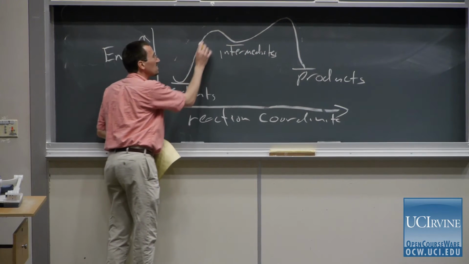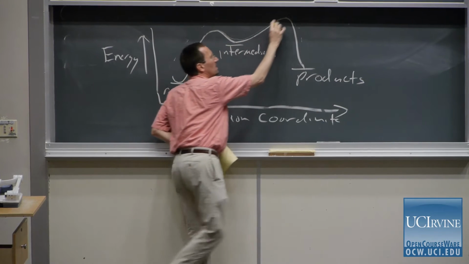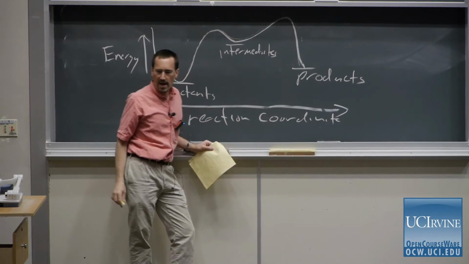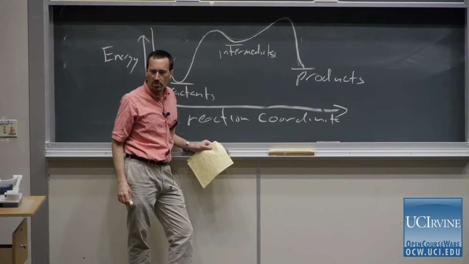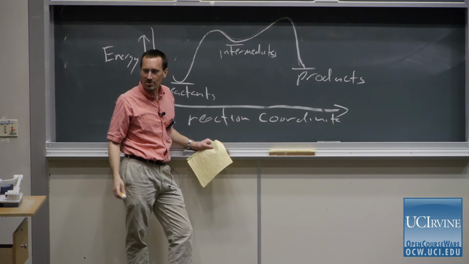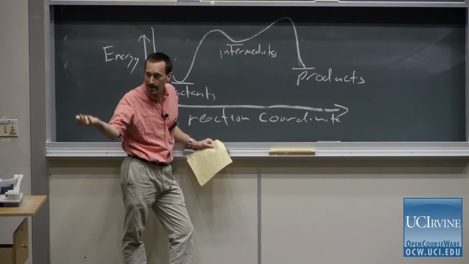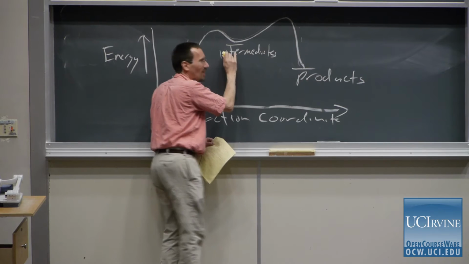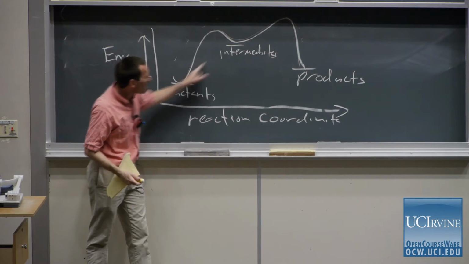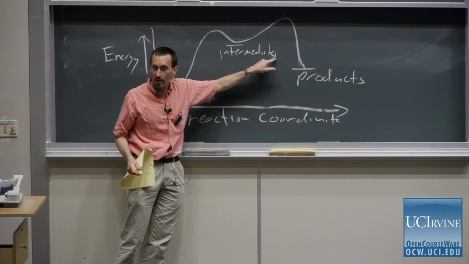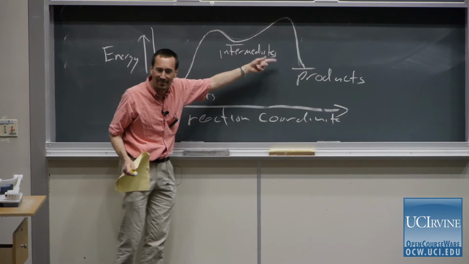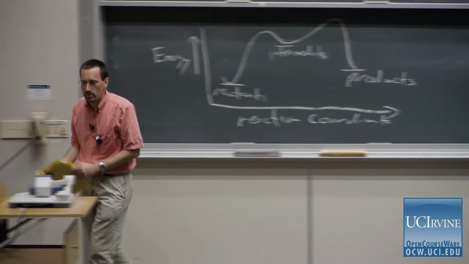Well, if this is the lowest energy path in the forward direction, then it's also going to be the lowest energy path in the reverse direction. If there were a hidden lower energy path, they would have gone through that pathway because it would have taken less activation energy to go over those barriers.